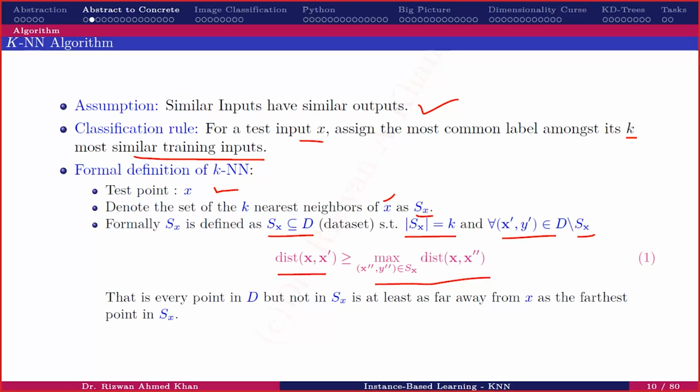In other words, every point in D but not in Sx is at least as far away from X as the farthest point in the neighborhood set. Right, so this is just to say mathematically that nearby points are part of the neighborhood set.